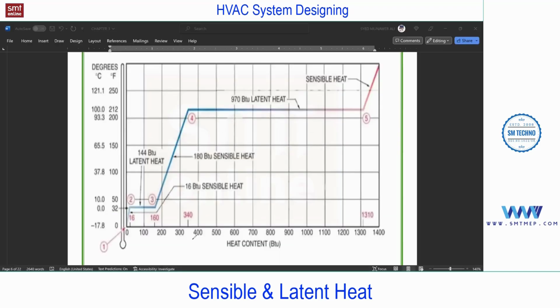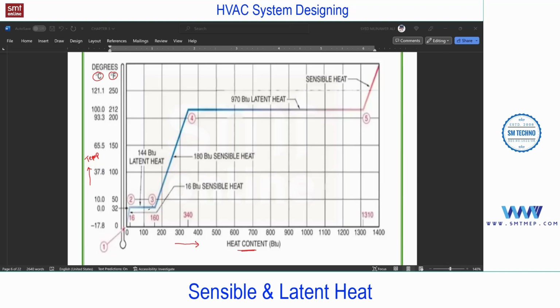In this figure, the X direction is the heat content, nothing but enthalpy. In the Y direction, you can consider temperature in degree centigrade as well as in degree Fahrenheit. This blue line represents the state of water, starting from here.